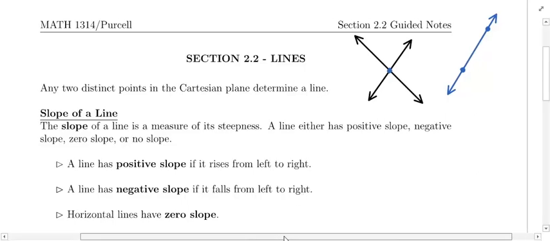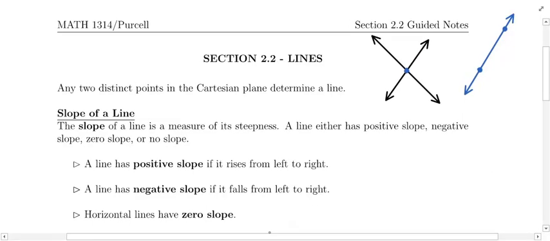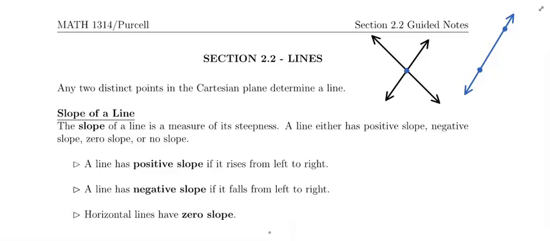All right, so I'm sure you've worked in a math class with lines before. One of the big things associated with a line is its slope. The slope of a line is a measure of its steepness. A line either has positive slope, negative slope, zero slope, or no slope.